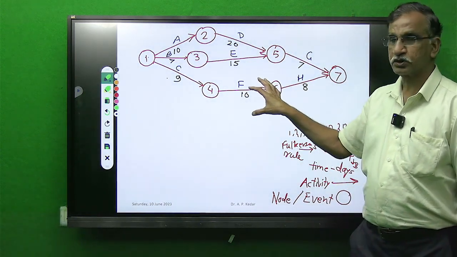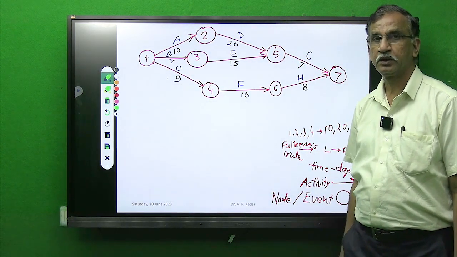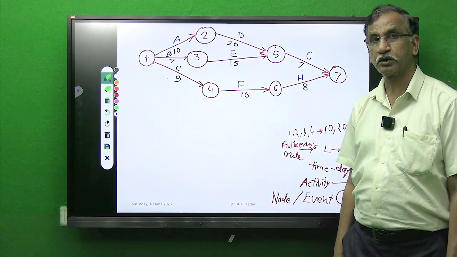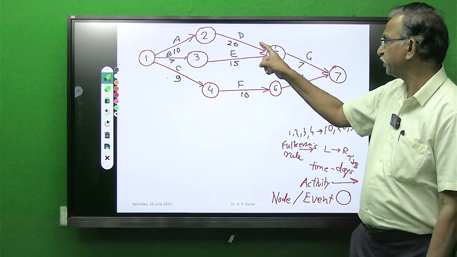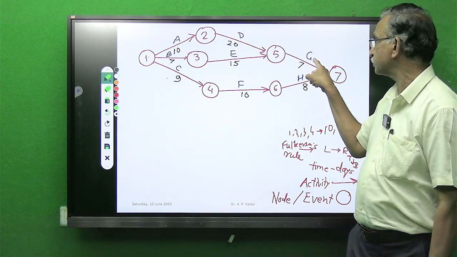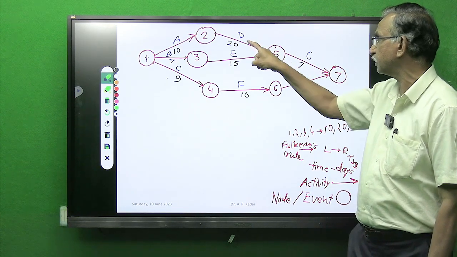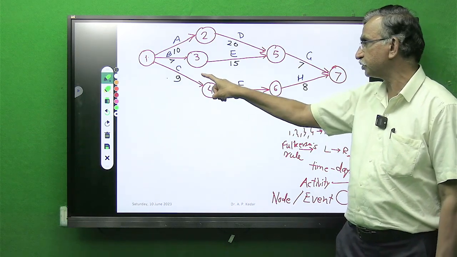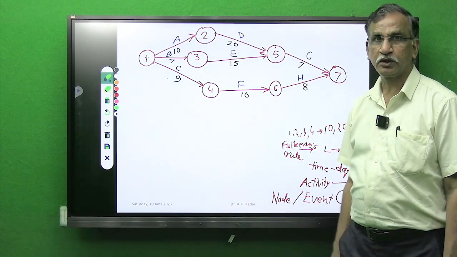This is the project consisting of 8 activities which are to be performed in logical sequence. Yesterday we have seen what is the logic. So the meaning is we cannot start activity G unless and until we complete activities D and E. Similarly, F can only start once you complete C, like that.